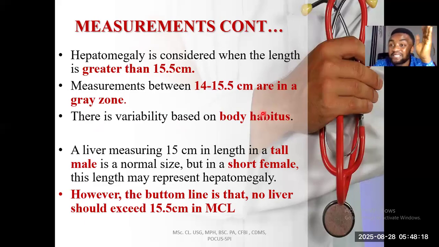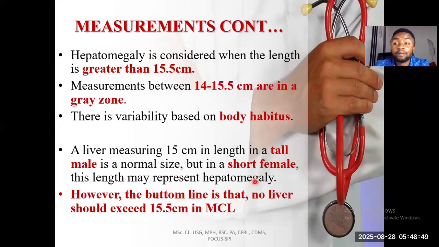Male liver is generally considered larger than a female's liver. Let's understand that. A liver measuring 15 cm in length in a tall male is what? A normal size. But in a short female, this length may represent hepatomegaly. Because I've already told you that the normal level should be less than 14.